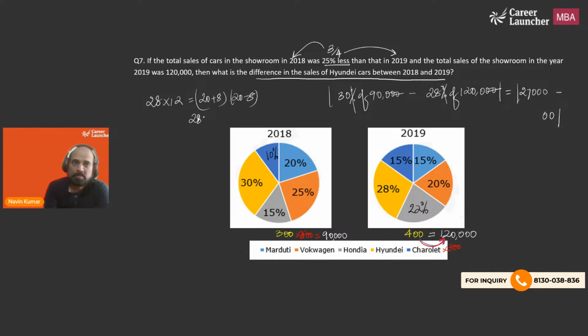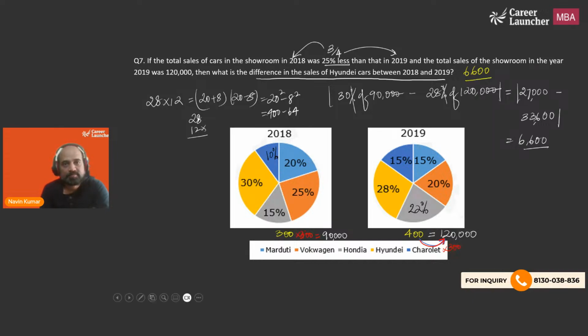Some people will prefer doing this. Okay, since we do not have options, so we need the exact value, right? So this is basically saying 400 minus 64, which is going to give us 336 here. So 33,600 minus 27,000, which is going to be 6,600. So we will have to put in that answer. So 6,600.